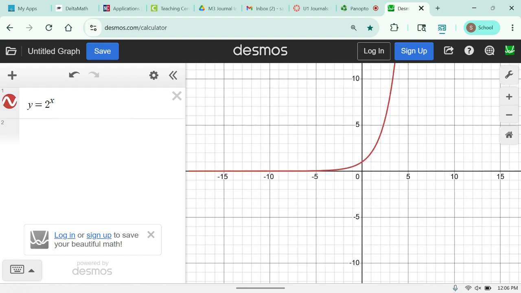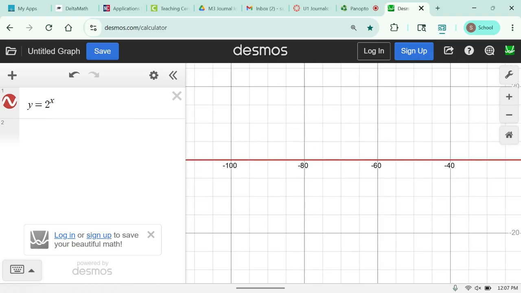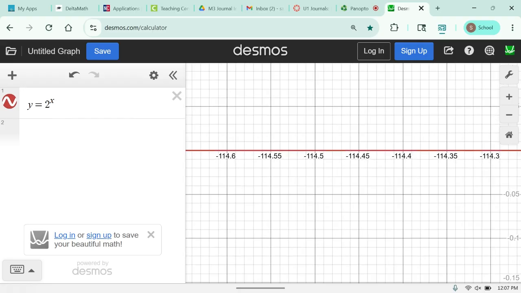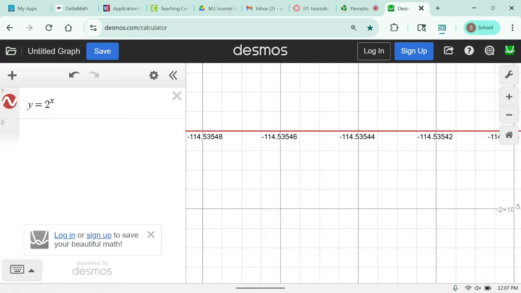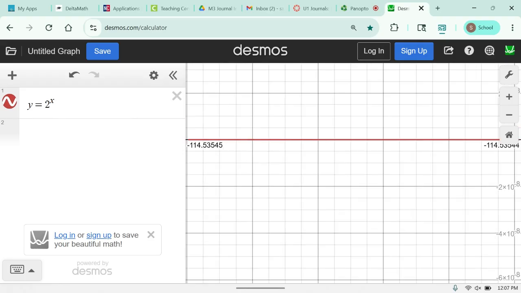Now, if we zoom out a little bit, it looks like at some point the line is almost on top of the x-axis, but it actually doesn't cross. So watch this. If I go way over here and I zoom super far in, so I'm in the negative hundreds, zooming incredibly far in.